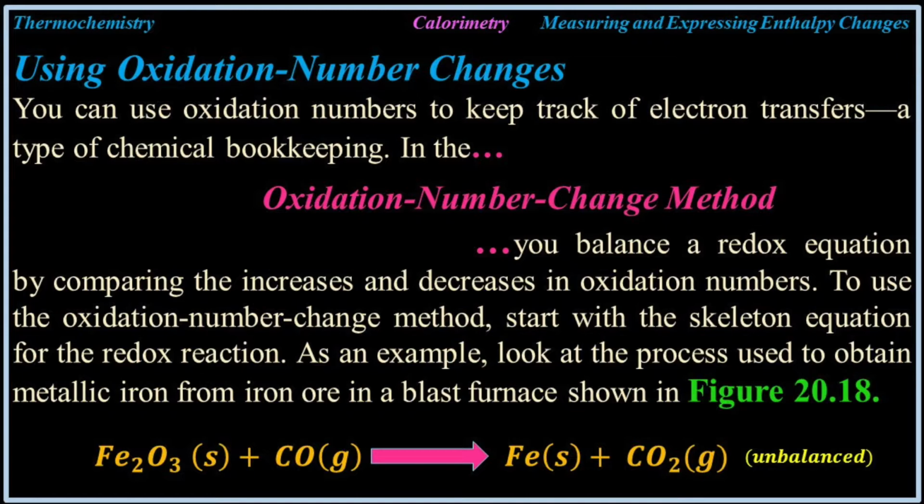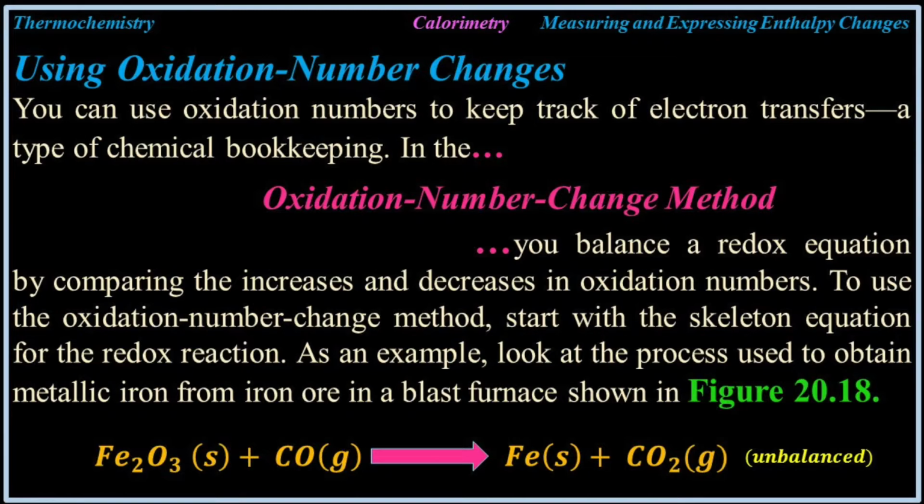As an example, look at the process used to obtain metallic iron from iron ore in a blast furnace, shown in figure 20.18. So here we have iron 3 oxide plus carbon monoxide yields iron metal plus carbon dioxide.